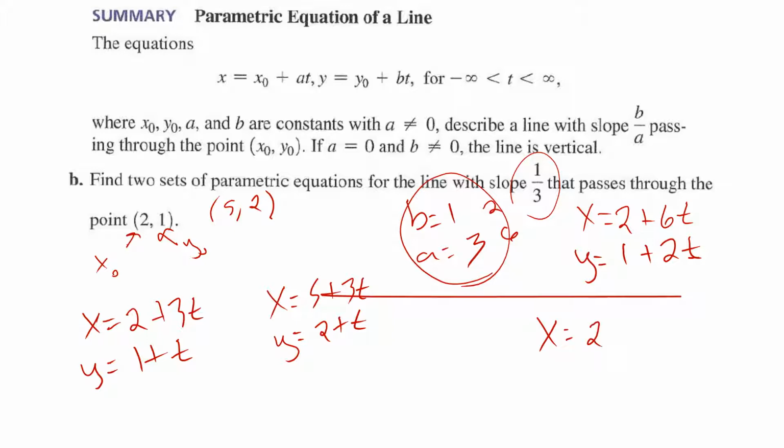X equals 2 minus 3t, y equals 1 minus t. So each of these is going to describe the exact same line in function form, but in parametric form, they're all going to look different. Here we just had to find two sets of parametric equations. We found 1, 2, 3, 4. So you have options there. And there are a lot of other options that we could have easily looked to as well.